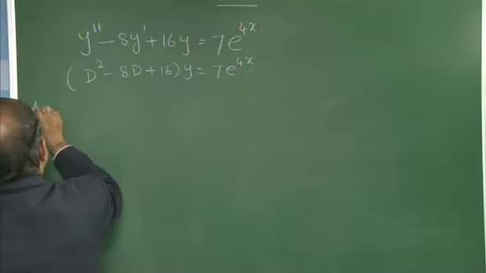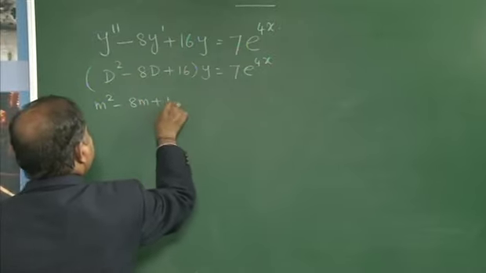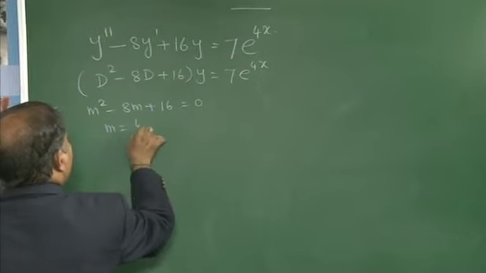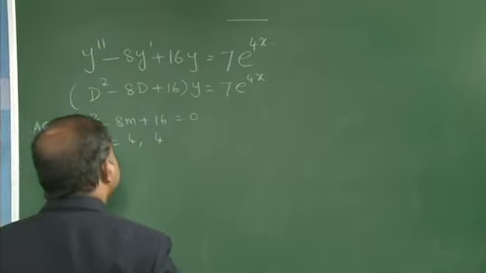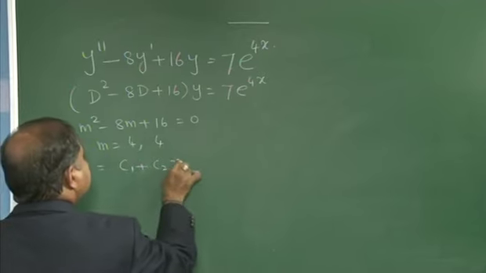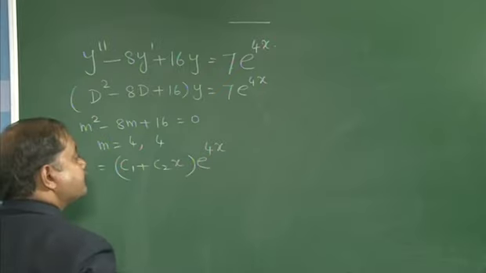Write the auxiliary equation: m square minus 8m plus 16. What are the roots? 4 comma 4. So CF is (C1 plus C2x) into e power 4x.